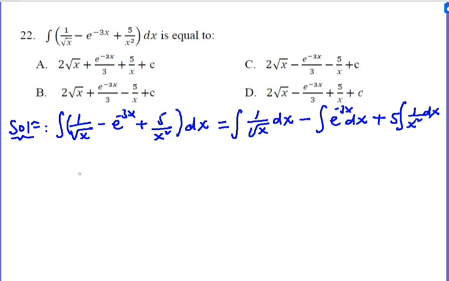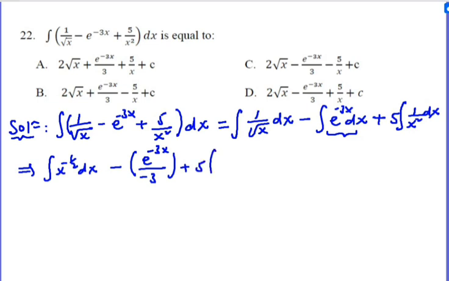So 1 over radical x means x to the power of minus 1 over 2, minus the integral of e to the power of minus 3x is e to the power of minus 3x over minus 3, plus 5 times the integral of 1 over x squared, which means x to the power of minus 2 dx. Now it's very simple. At the end there will be an integration constant plus c.